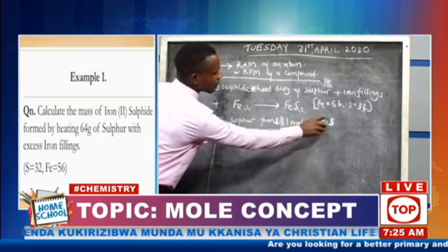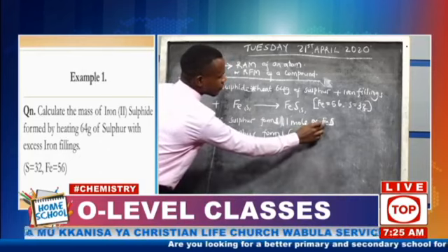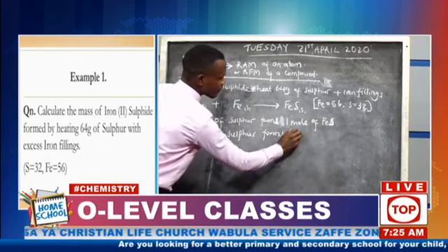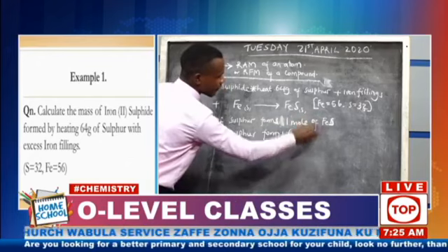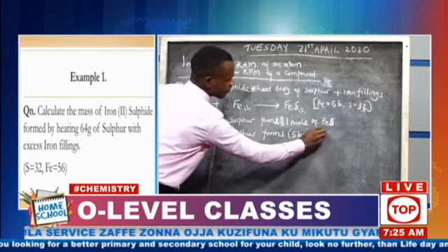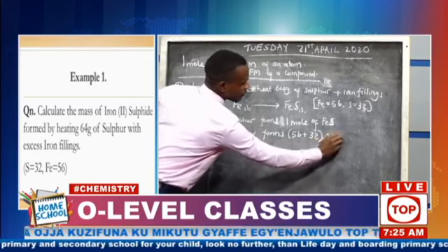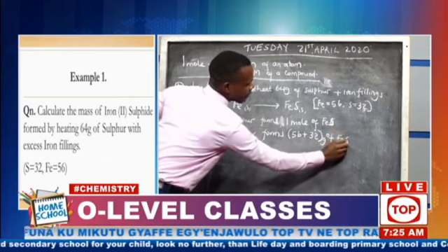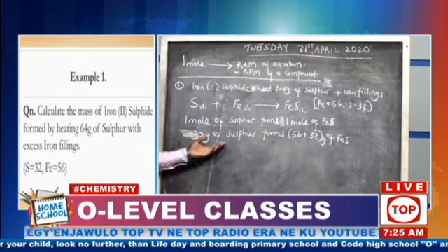Now 1 mole of iron 2 sulfide becomes iron is 56, it is 1 atom, plus sulfur is 32. That means these are grams of iron 2 sulfide. Do you get me here?